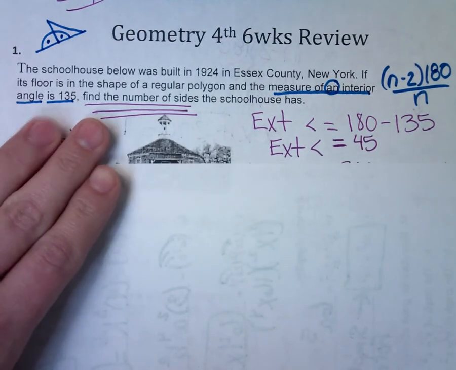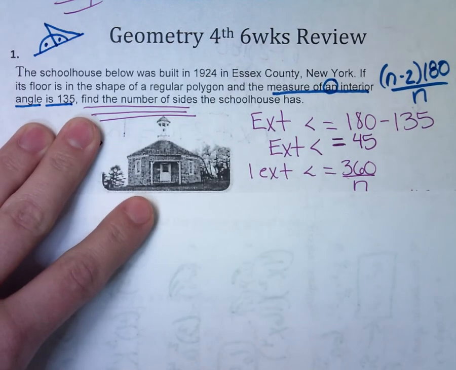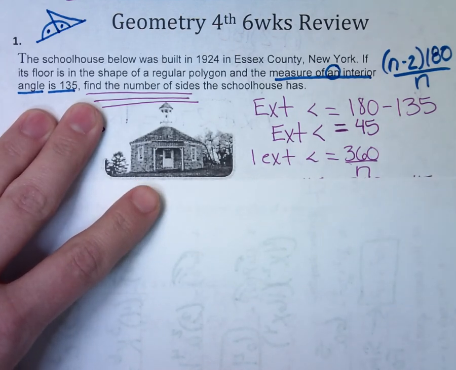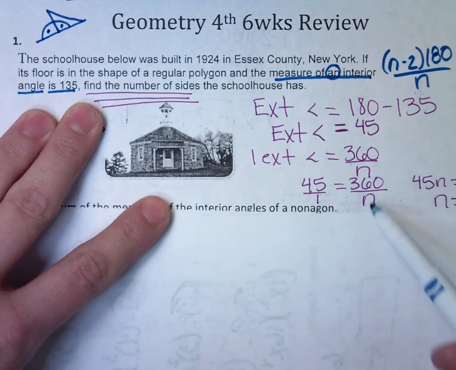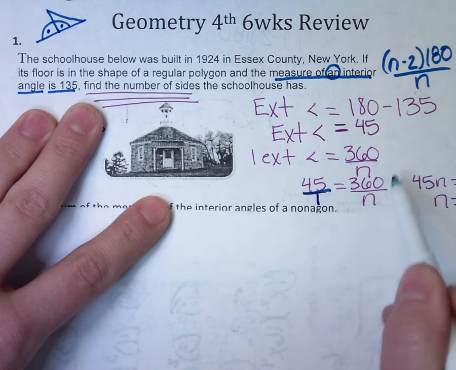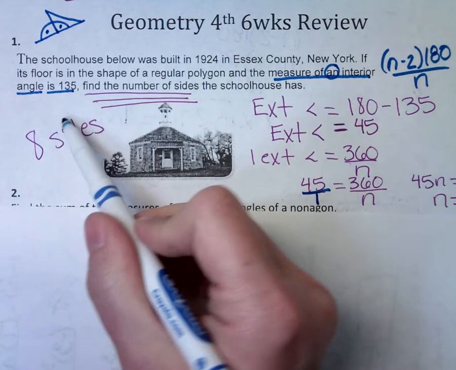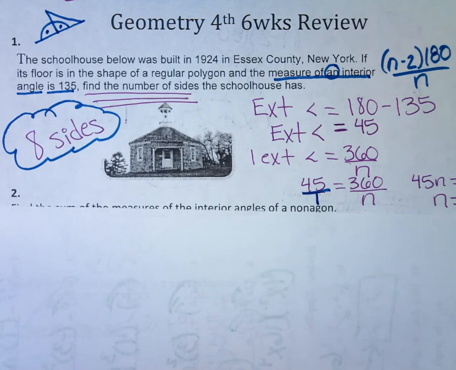And then I use the formula for one exterior angle: 360 divided by n, the number of sides. Since I know that one exterior angle is 45, I set 360 over n equal to 45. I pop the 45 over a 1, cross multiply and divide, and I solve my proportion, and I get that the floor has 8 sides.